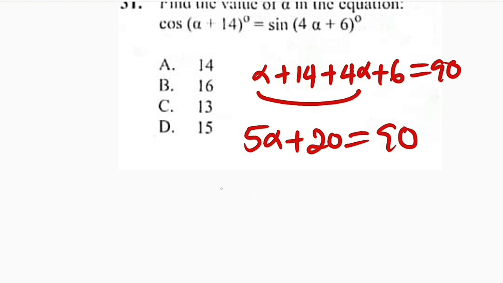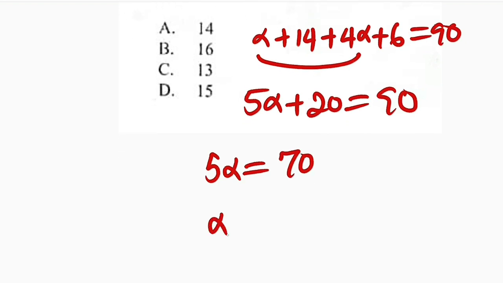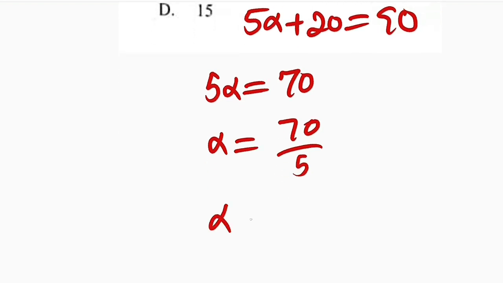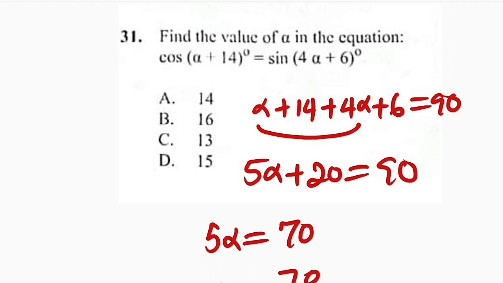If you subtract 20 from both sides, you have 5 alpha equal to 90 minus 20, which is 70. And alpha is equal to 70 divided by 5. Hence, alpha is equal to 14, which is option A. Now let us move on to question number 32.